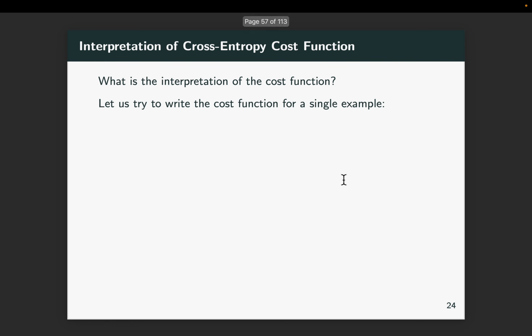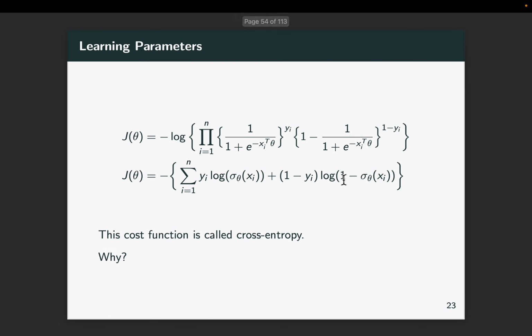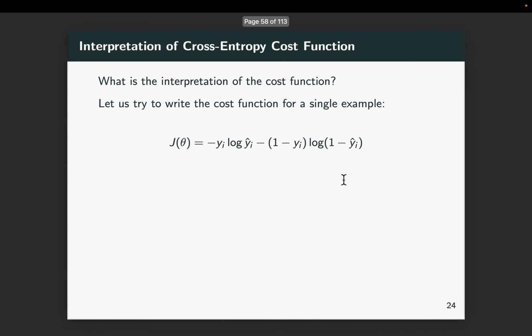To simplify this, we will write the cost function for a single example, so that at least the summation goes away. It makes our life simpler. If I had a single example, I would write my J of theta to be minus y_i logarithm of y_i hat minus 1 minus y_i logarithm of 1 minus y_i hat. Now maybe you want to draw this out in your notebooks.